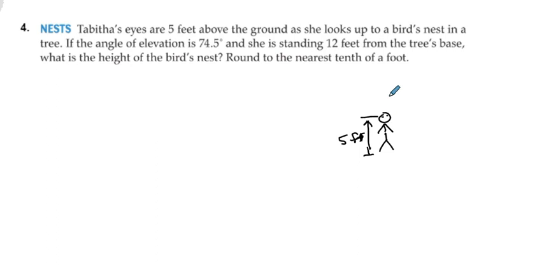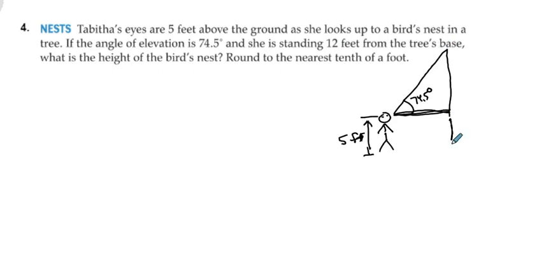And it says she looks up to a bird's nest. The angle of elevation is 74.5 degrees. So this angle is pretty steep. This is not to scale, and that is not a 74.5 degree angle, but let's say that it was. She's standing 12 feet from the tree's base.